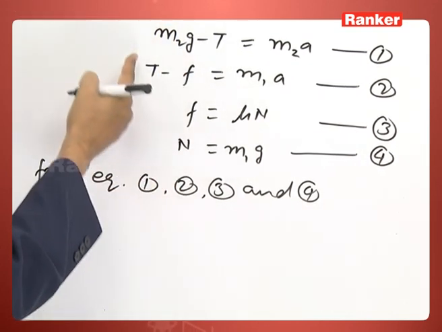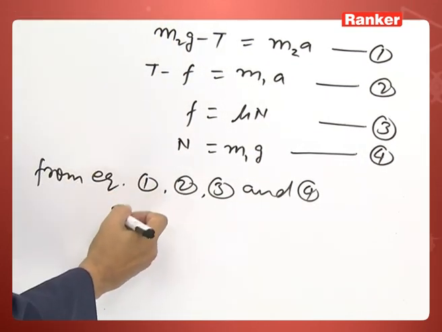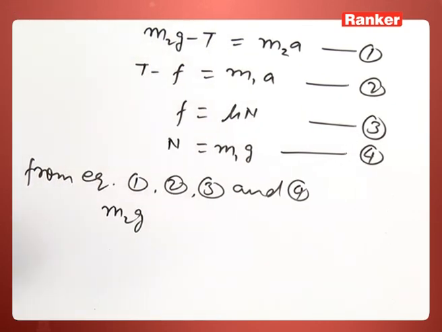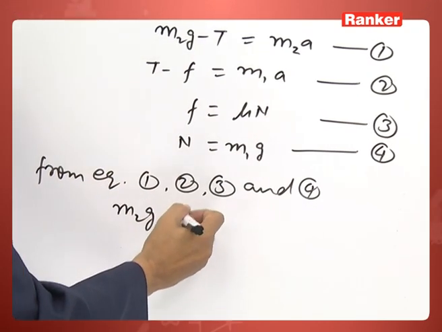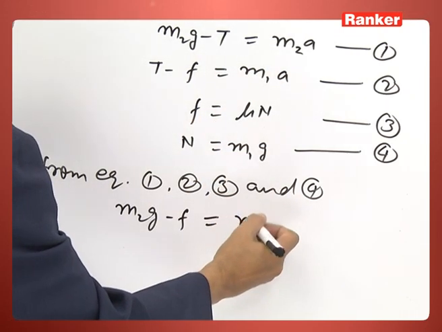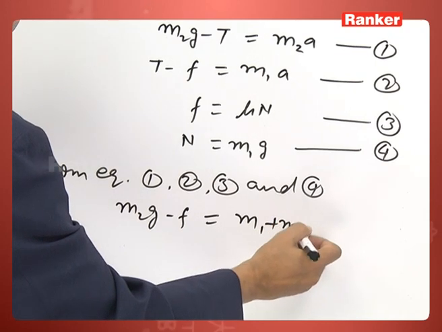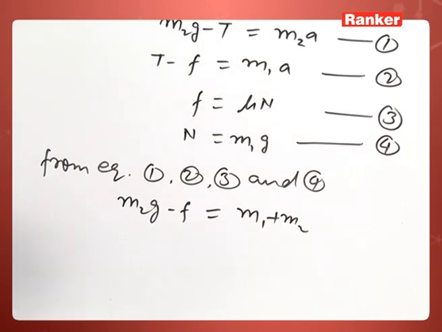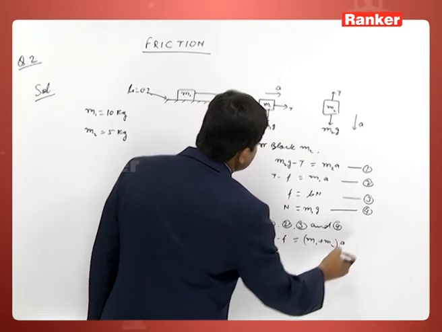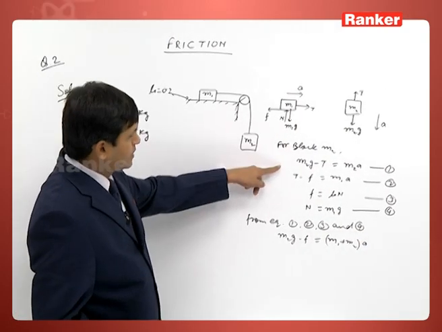If we are adding, m2g minus F is equal to m1 plus m2 into a. Adding first and second equation.